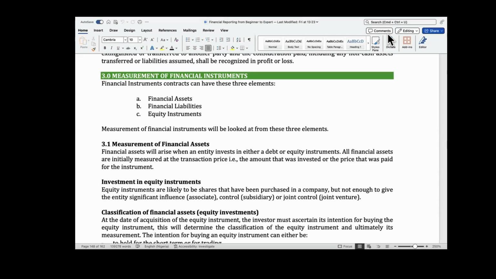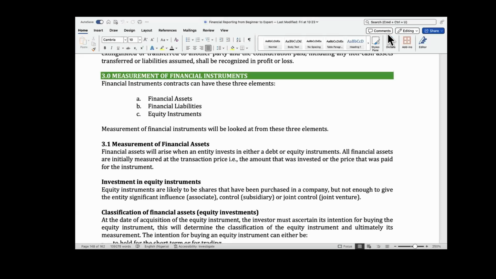For IAS 32, I remember vividly, around two weeks ago, that was when I taught you that. And the emphasis of IAS 32 is how to know the instrument an issuer has issued. Because when somebody wants to borrow money, they issue an instrument, or when they want to raise capital, they issue an instrument. So it's either they are issuing debt or equity.